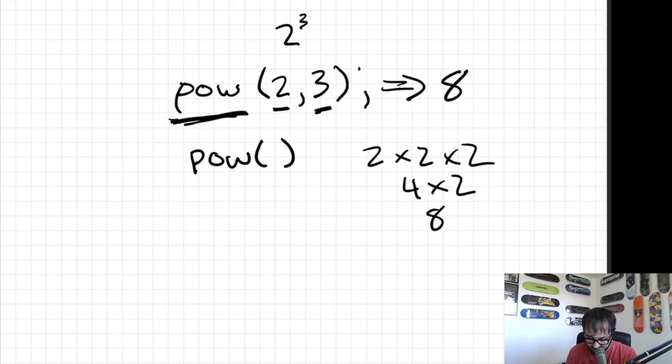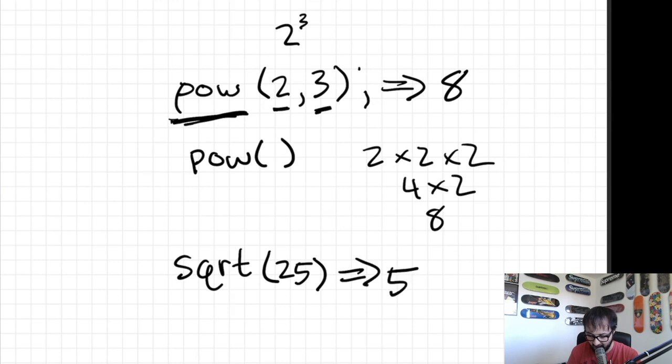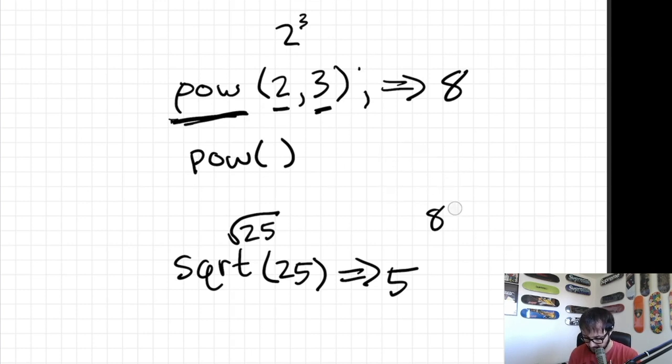You also have things like square root, which would take in a number like 25, and that would give you 5. That's the same as saying the square root of 25. And then there's also output manipulators that can format your output with cout, but we're not going to talk about those today. We'll talk about those tomorrow or Thursday.